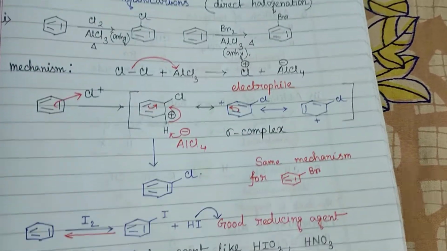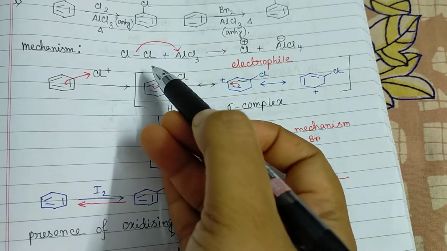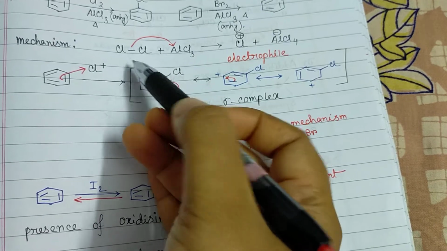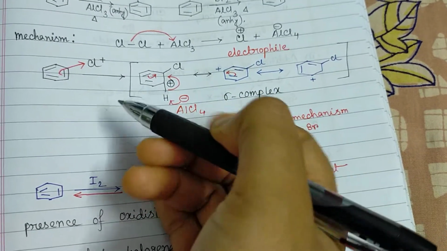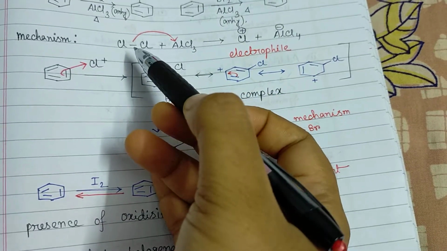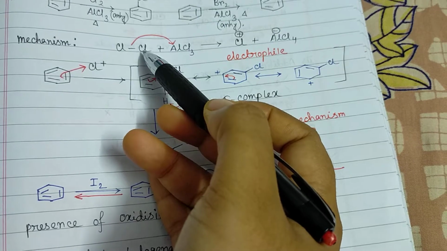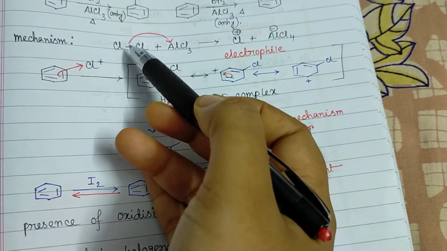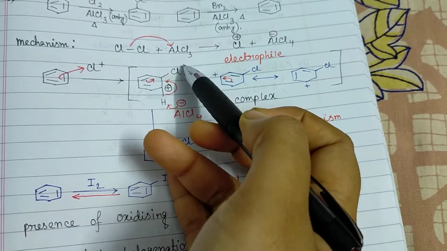Now let us see by which mechanism these products are formed. I have taken this mechanism for chlorine only. The same mechanism will be followed for bromine also. So let us see the mechanism. At first, the Cl-Cl bond of the Cl2 molecule will be broken by this AlCl3.